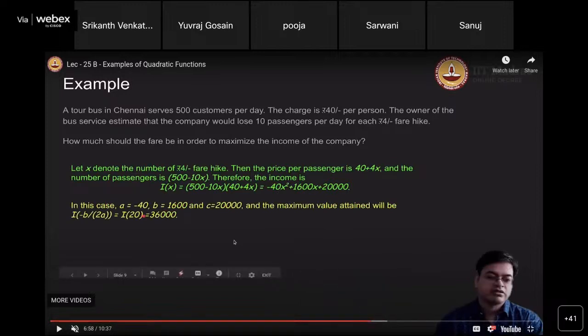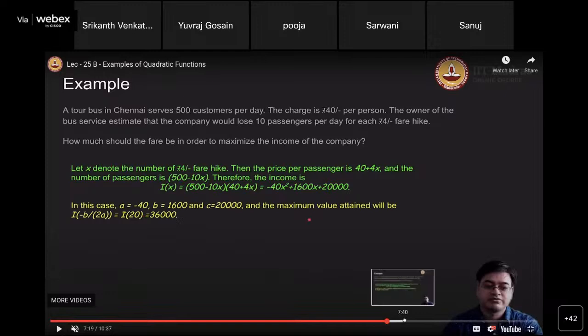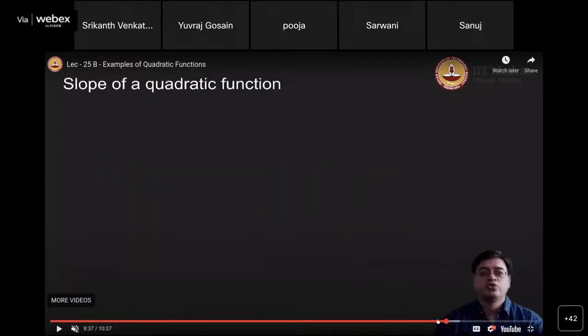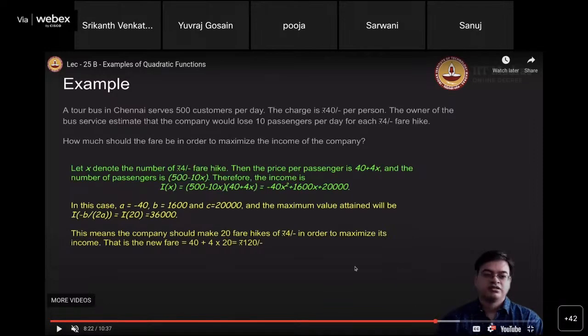So the maximum value will be attained at 36,000. The final answer is the new fare we are asking for: 120.